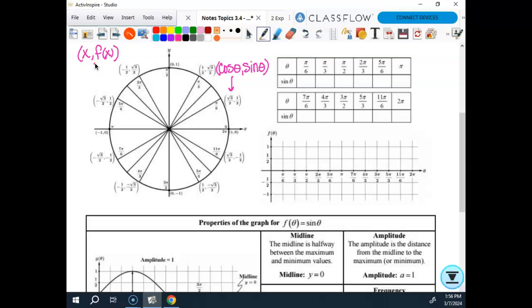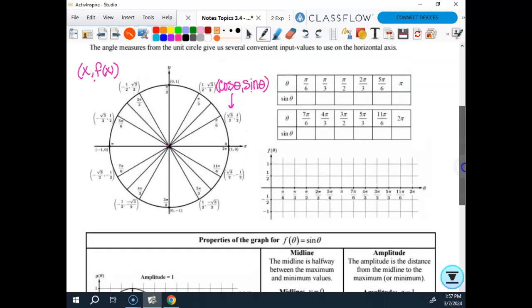Now, again, we don't have to completely understand the whole parametric idea. What I want you to understand right now is that it's different. That's the main thing. And to understand that when we're looking at the unit circle and we have these ordered pairs, x and y are both functions of theta. Then we'll worry about parametric stuff later, because we're going to graph things in terms that we are already comfortable with.